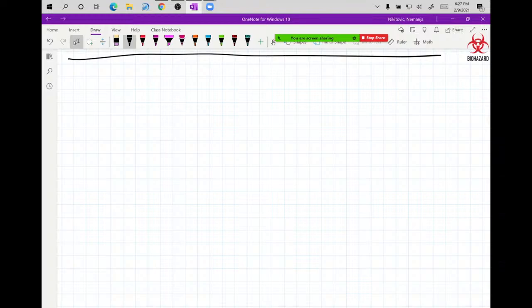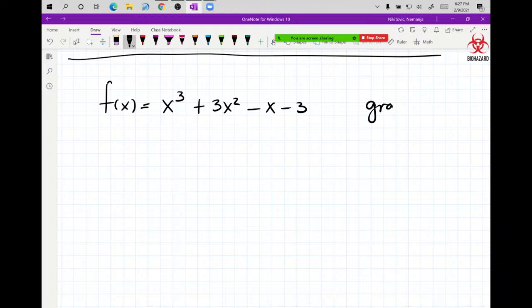Okay, so let's say you have f of x equals x cubed plus 3x squared minus x minus 3. And the question is: sketch the graph. There are certain things that, even when you do those, you still can't get exactly everything right. But the sketch is very important and very powerful.